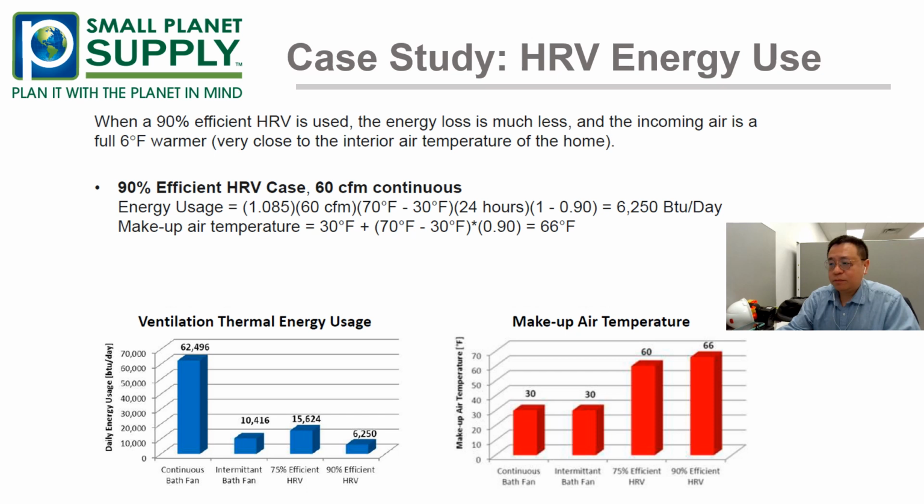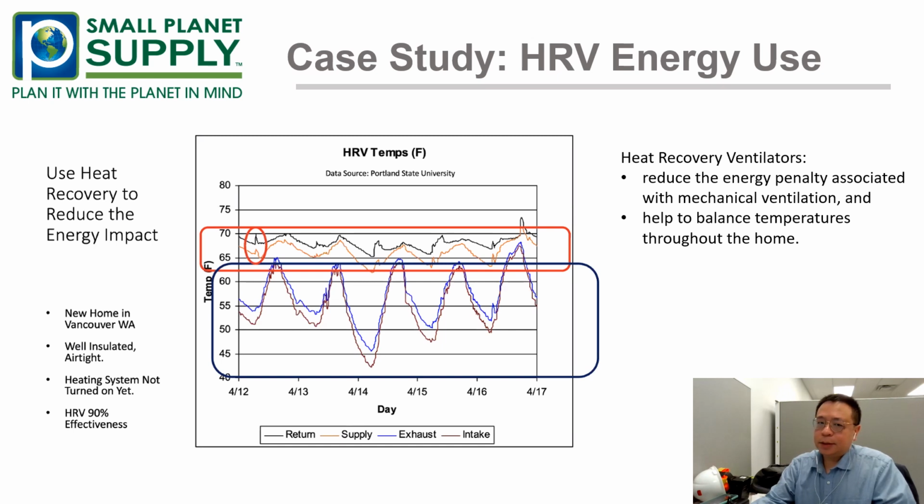So compared with the original air temperature inside the room, 70, it just has a very minor heat loss, and we need much less energy in this situation. So the result concludes HRV can reduce the energy penalty associated with mechanical ventilation and help to balance the temperature inside and outside.